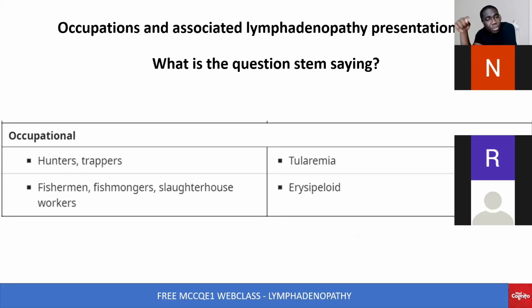Because some specific occupations, or some exposures in specific occupations, can lead to lymphadenopathy. For example, if the exam question states that the person is a fisherman and recently returned from a fishing trip and came in with lymphadenopathy, I'm not going to go for sarcoidosis. I'm not going to go for hepatitis C. I'm going to go for erysipeloid, because that is what is linked with fishermen and fishmongers.